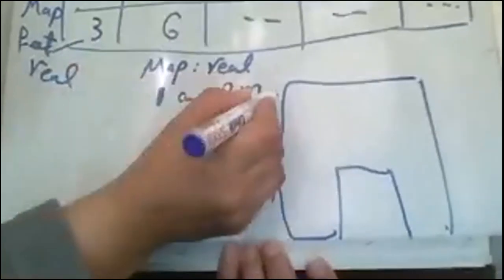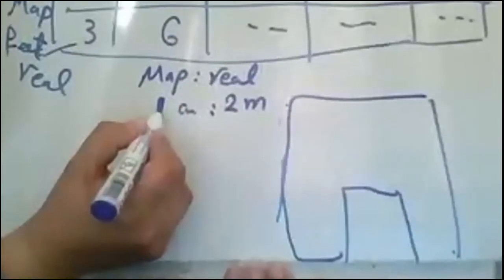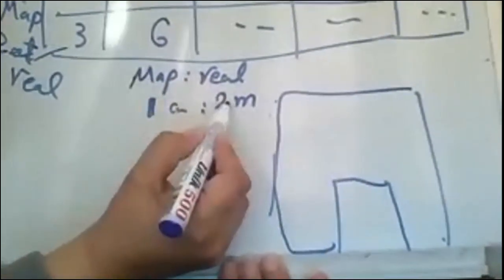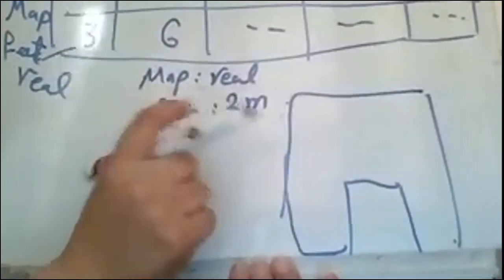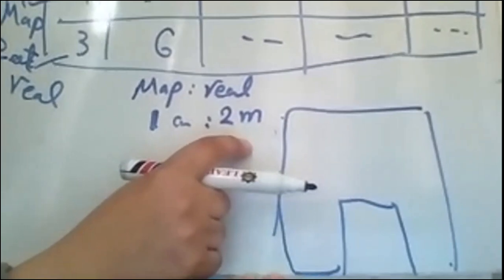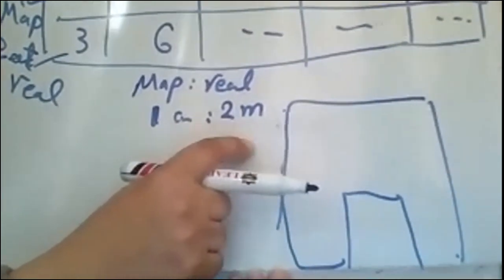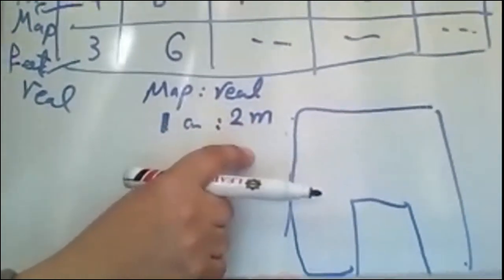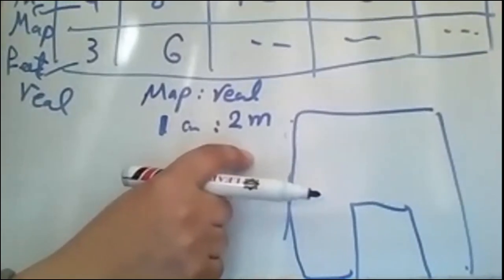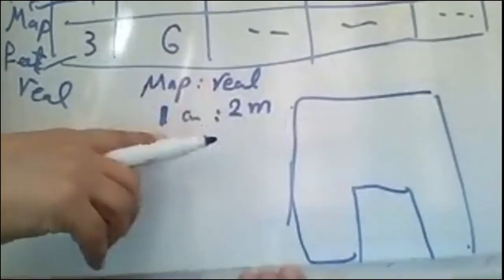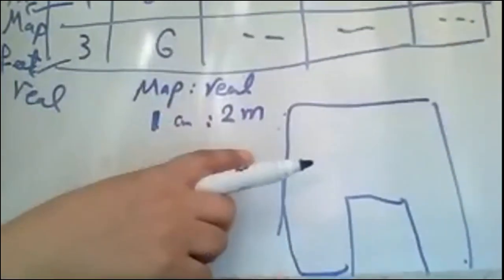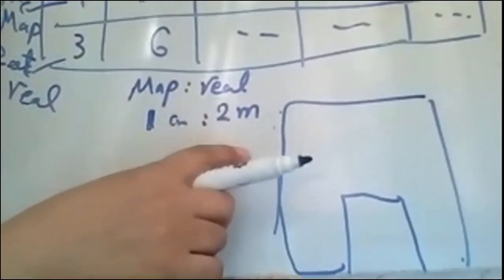We said every 1 centimeter represents 2 meters in reality. The relation between map and real is called what? It's called scale drawing. Grade 7, scale drawing. So the relation between map and real is called scale drawing.